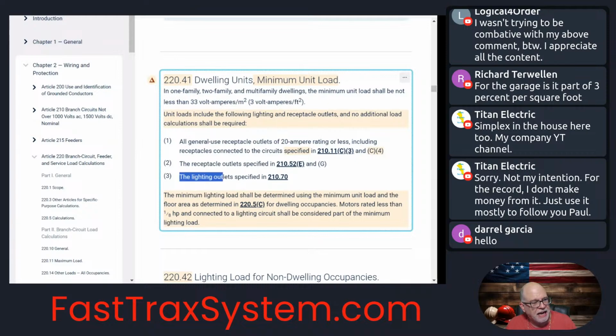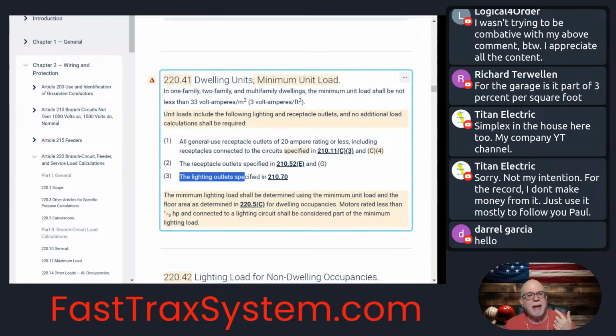And then here, the lighting. All of your lighting that you're putting in, unless it's some kind of specialty lighting, is already figured into the 3 VA per square foot. All of those listed under 210.70, the illumination rules. All of that is already included, so you don't have to do anything extra.